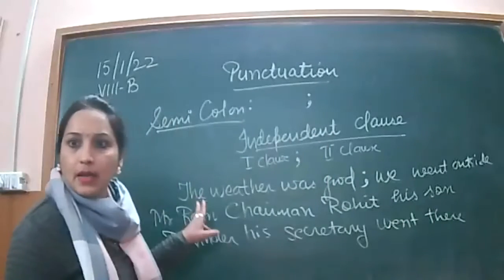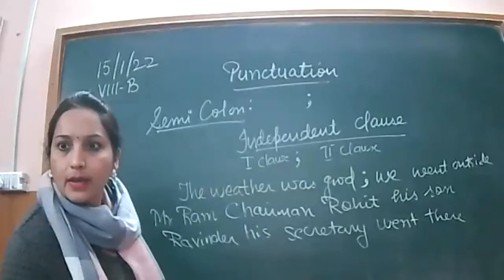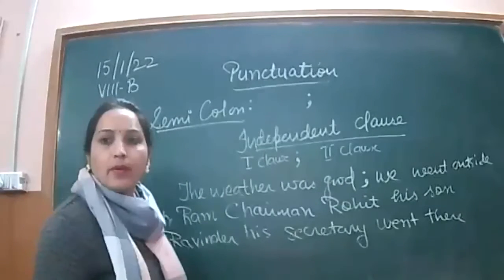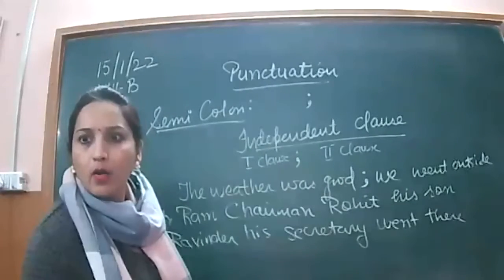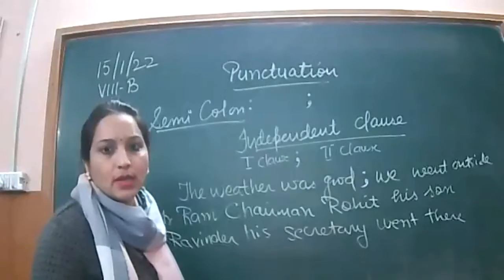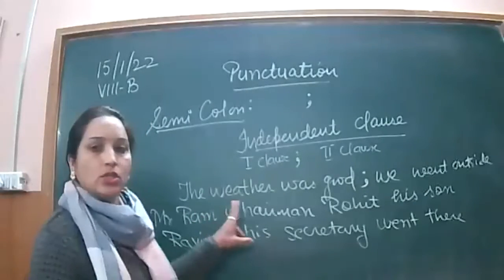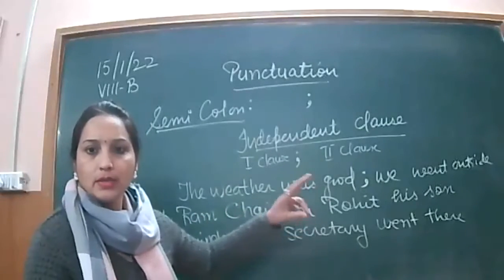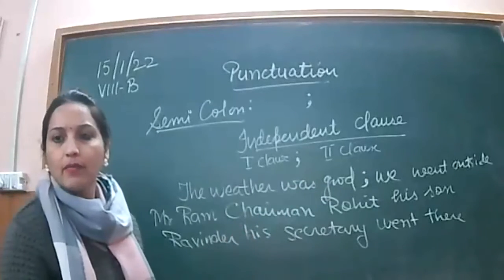See, the persons are given, and along with that their designations are given. So Mr. Ram, chairman; Rohit, his son; Ravinder, his secretary went there.